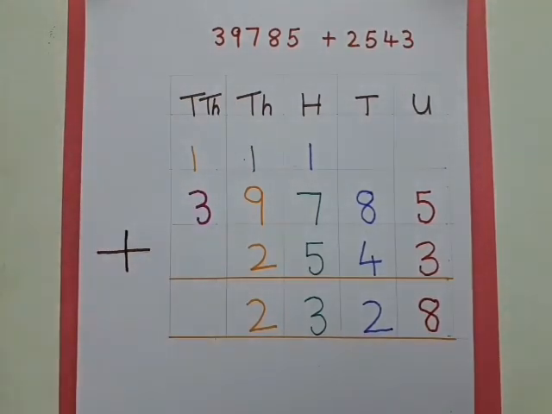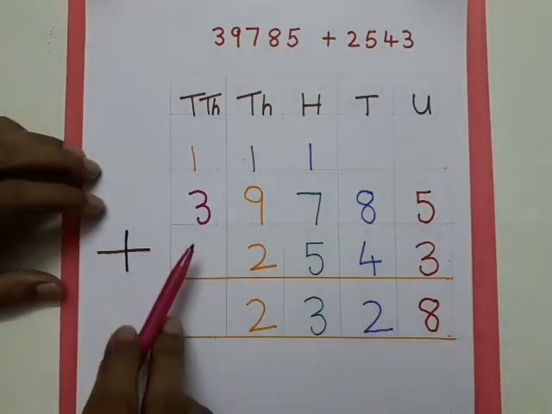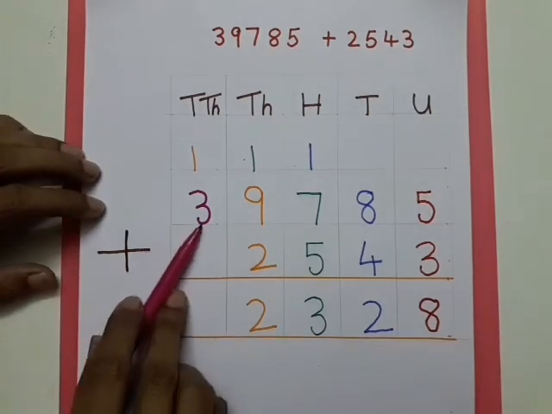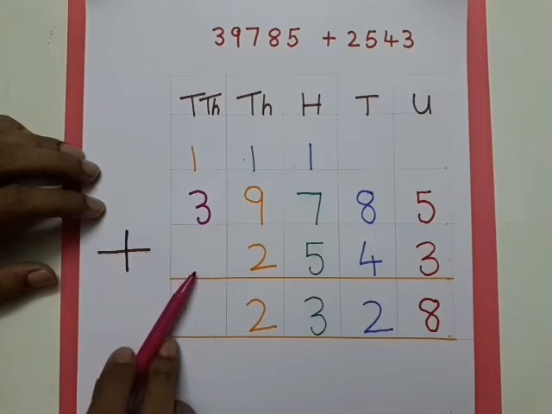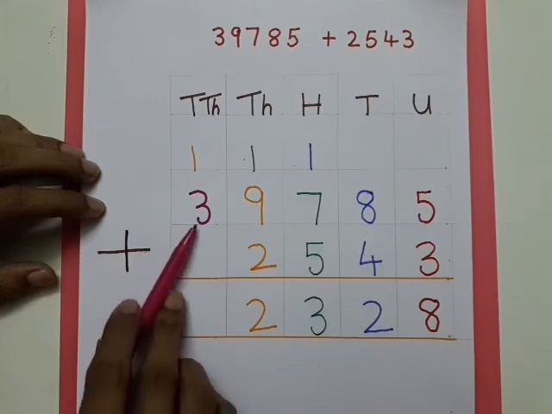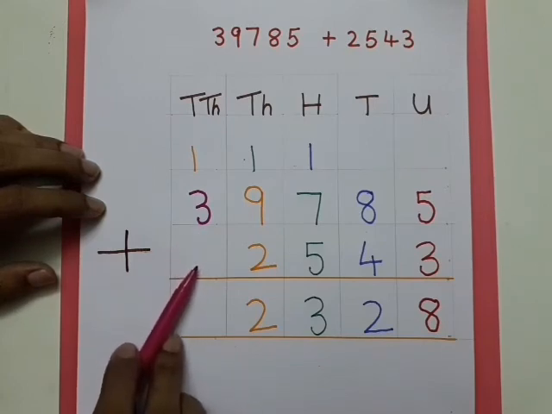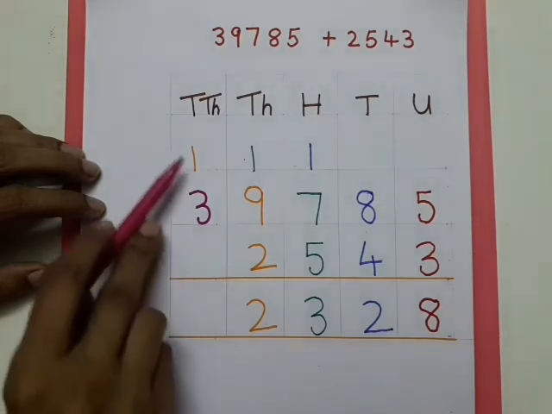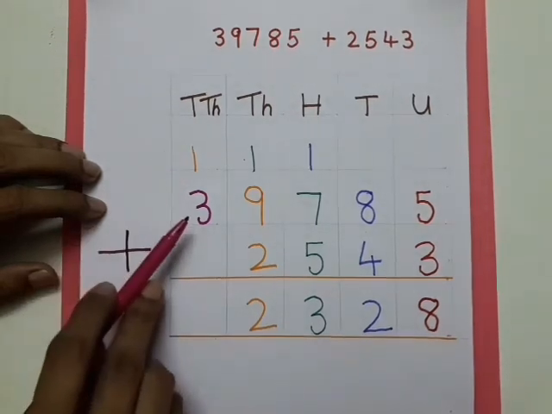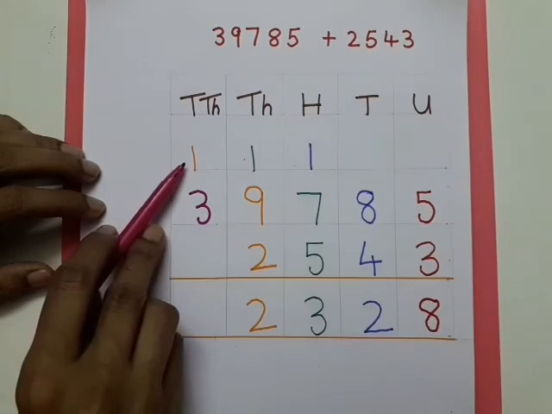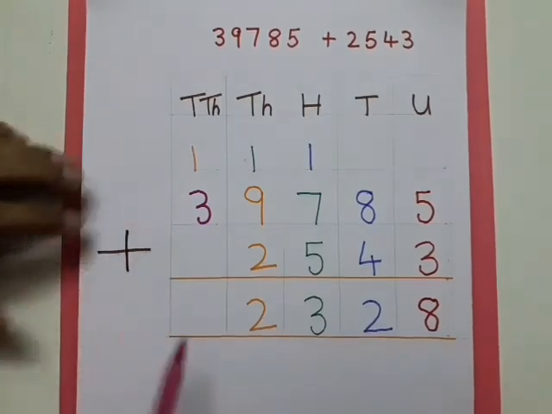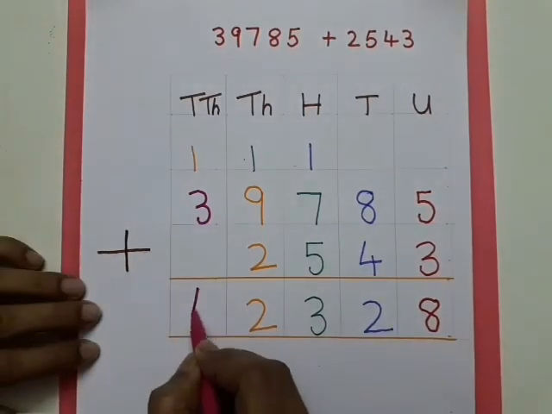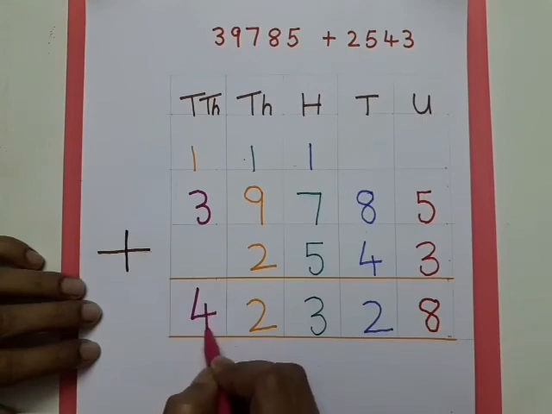Now we will add the next. Now here you have 3 and here there is no number. So 3 plus nothing means 3. Now you have this 1 here. So 3 plus 1, that is 4. So I write the number 4.